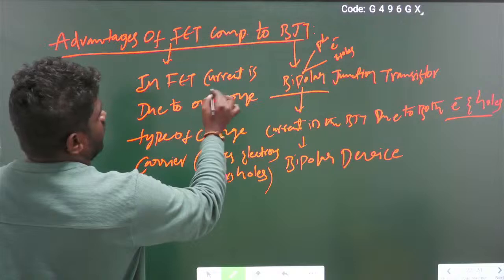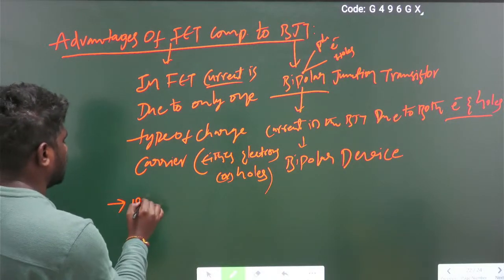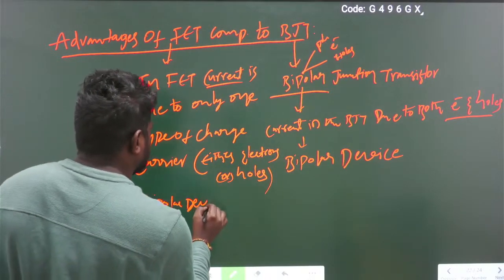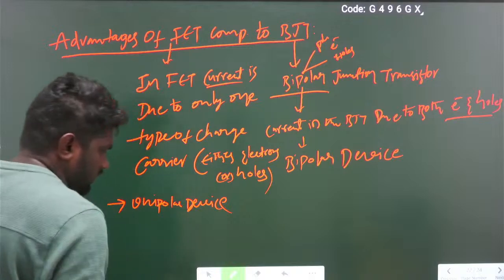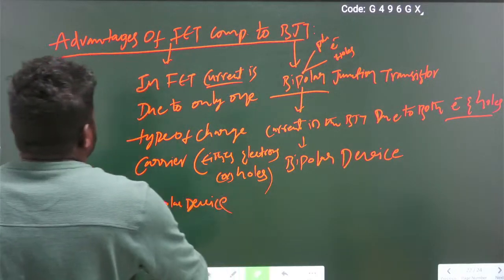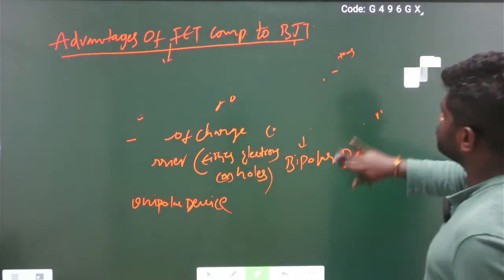Only due to either electrons or holes is current flowing. That is why this is called a unipolar device. So now you understand clearly the difference between the BJT and FET. I am reviewing this, and I will just write down the points.